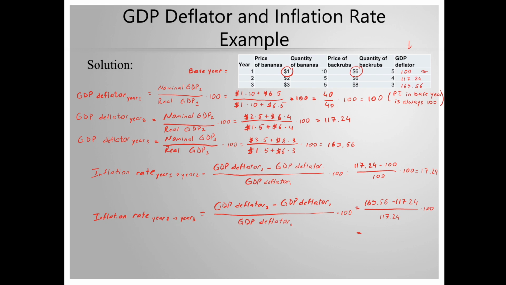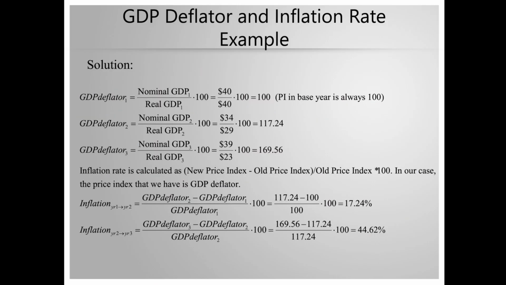That is equal to 44.62, and that is the inflation rate from year 2 to year 3. Mind that this is a percent, so the inflation rate is calculated as a percent. Here is the typed out solution for this problem.